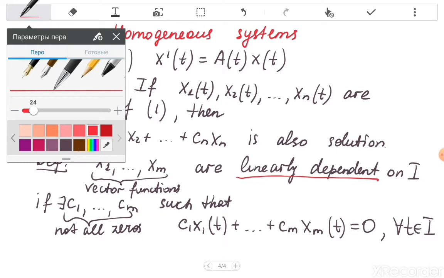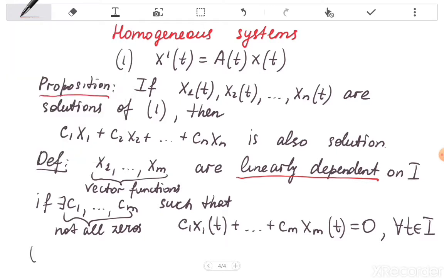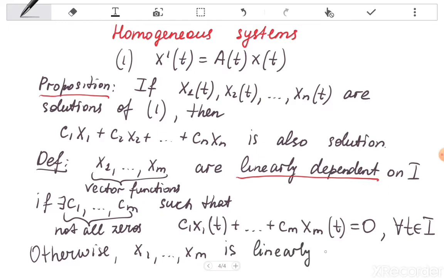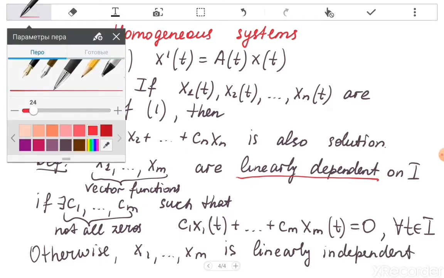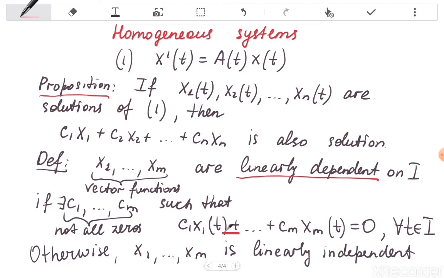Otherwise the system is said to be linearly independent. So if we can find at least one point t for which this is non-zero, this will be linearly independent.